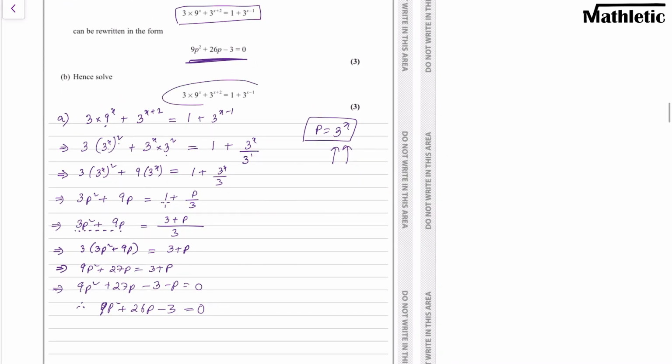For part B, we need to solve this equation. So these two equations are the same, right? So I will just start part B using this equation.